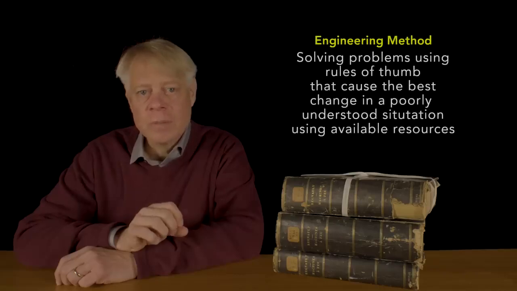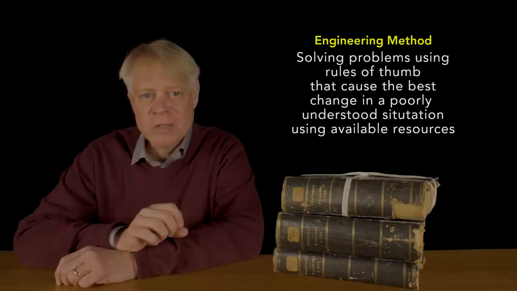For Parsons, scientific knowledge helped rule out what wouldn't work, narrow the possibilities of what does, and shorten the path to a solution. If we return to our definition of the engineering method, solving problems using rules of thumb that cause the best change in a poorly understood situation using available resources, we now can see where science enters.